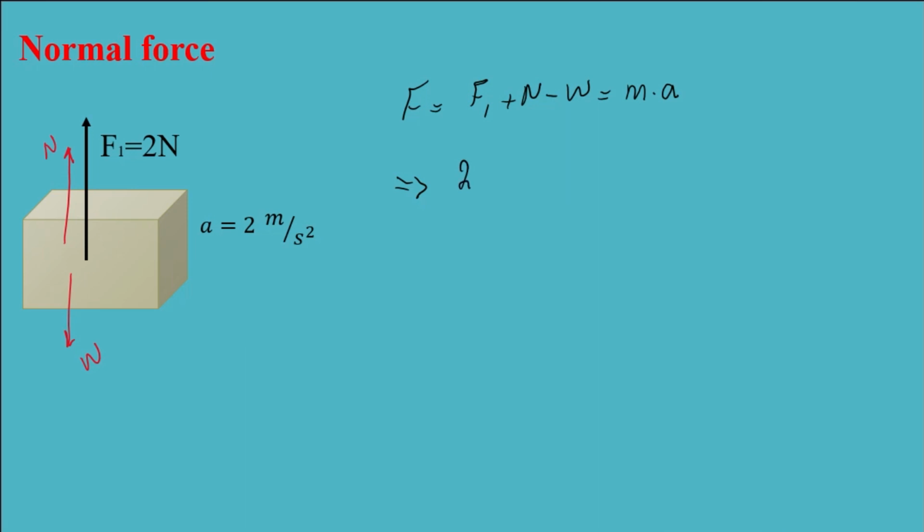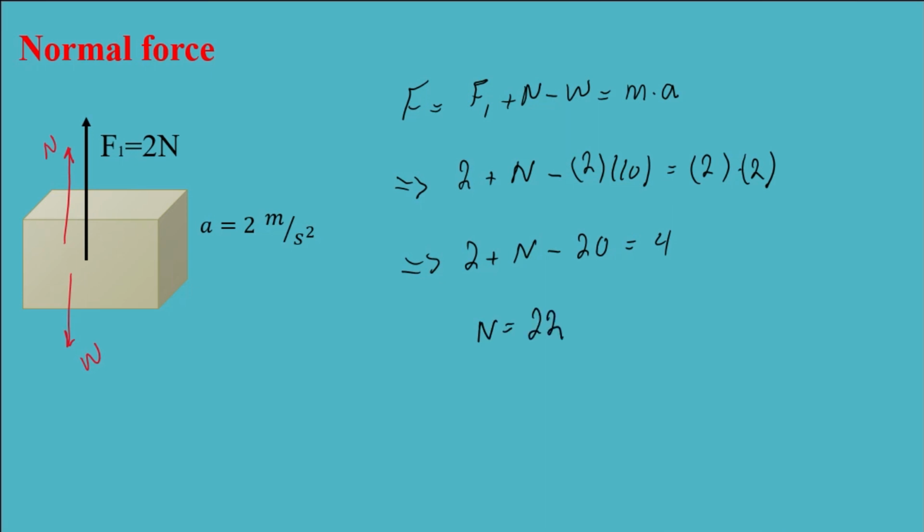My F1 is 2 newtons plus N, I don't know N, my W is m times g, which is 2 times 10, right, and the acceleration is 2. So my m times acceleration is 2 times 2, which is 4. Then that's 2 plus N minus 20 equal to 4. With that, my N is equal to 22 for this example.